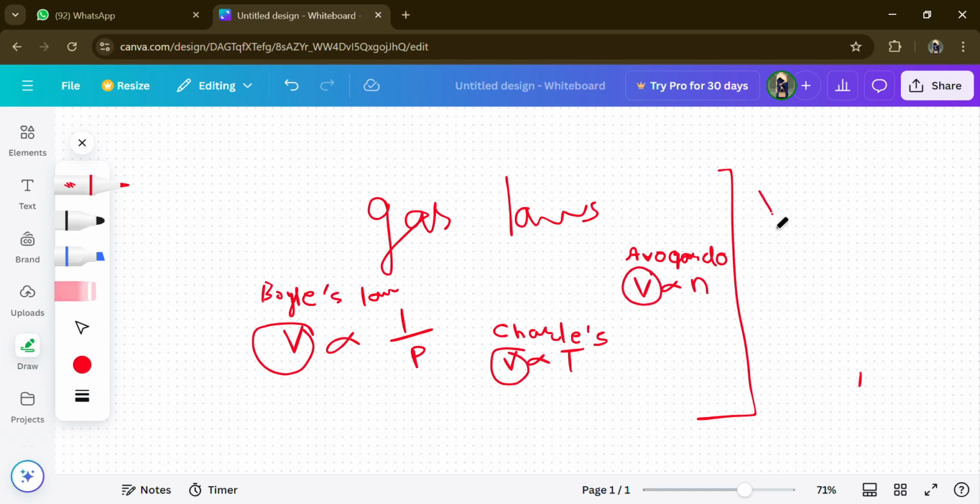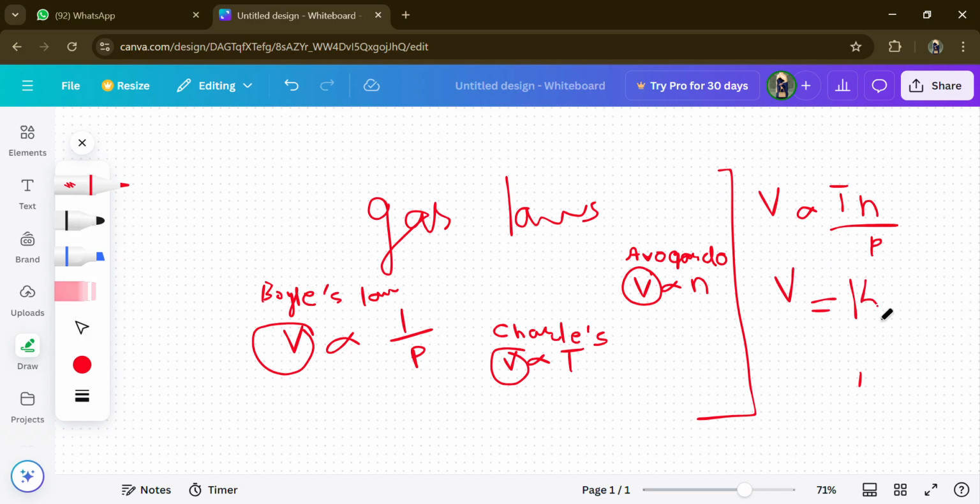So can we keep volume constant and proportion it with T, n upon P? Whenever we have to remove the proportionality, we put a constant.